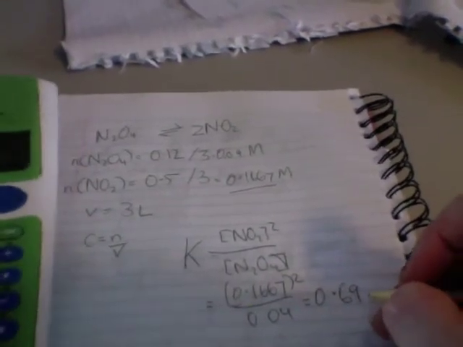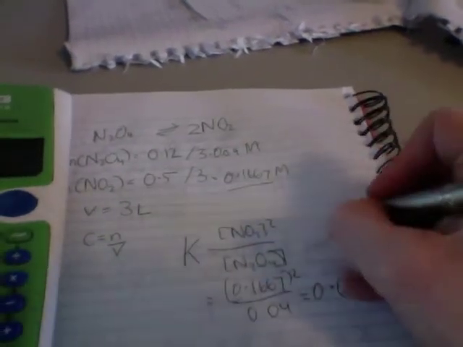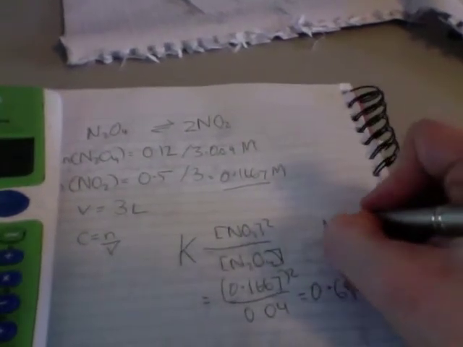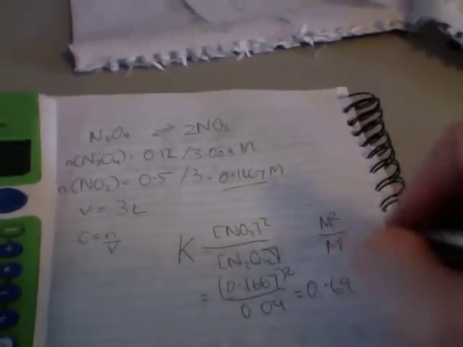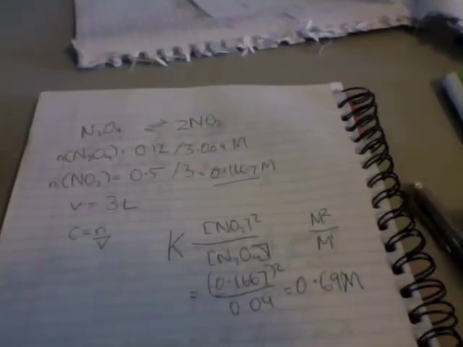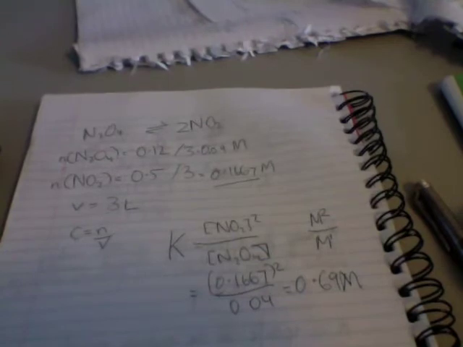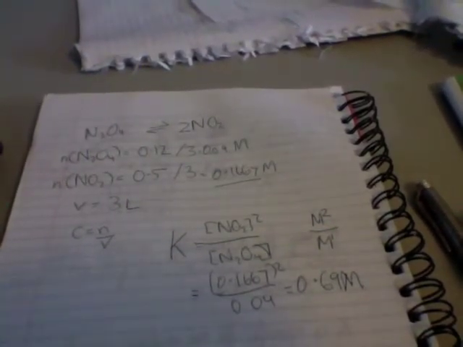Two, because it's a 3.0 litre vessel. And let's see what the units of K would be. M squared divided by M, 2 minus 1 equals 1, so it should just be M. 0.69 M. This was question 7 from your textbook, so killing 2 birds with 1 stone.